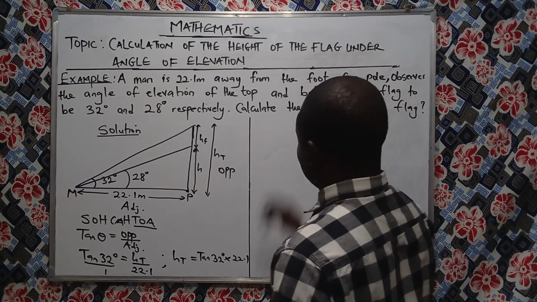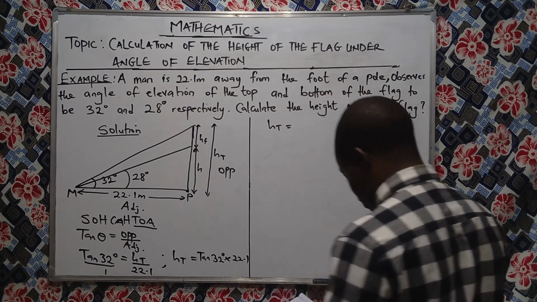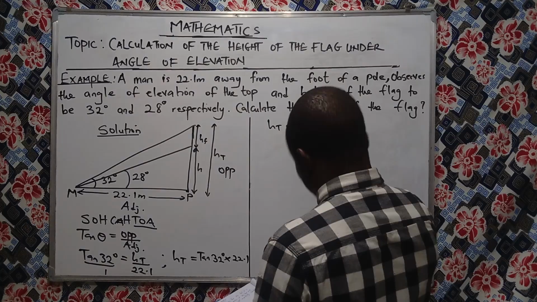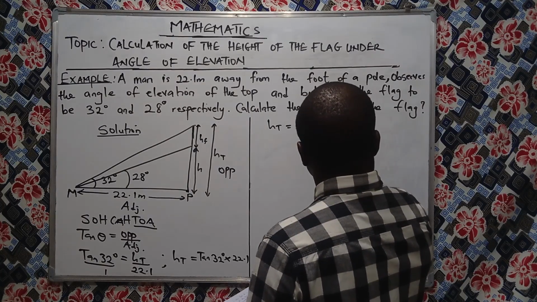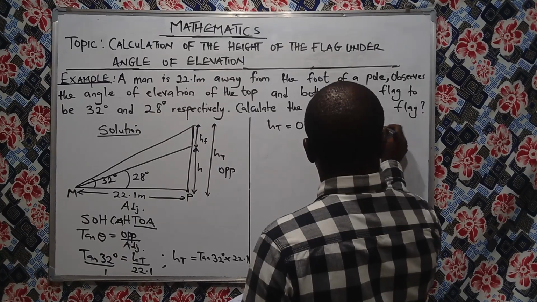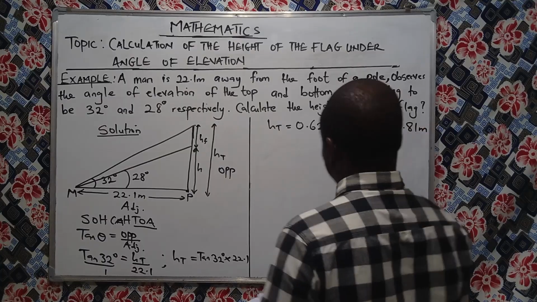Tan 32 degrees is 0.6249 times 22.1. When you multiply that, you have 13.81 meters.